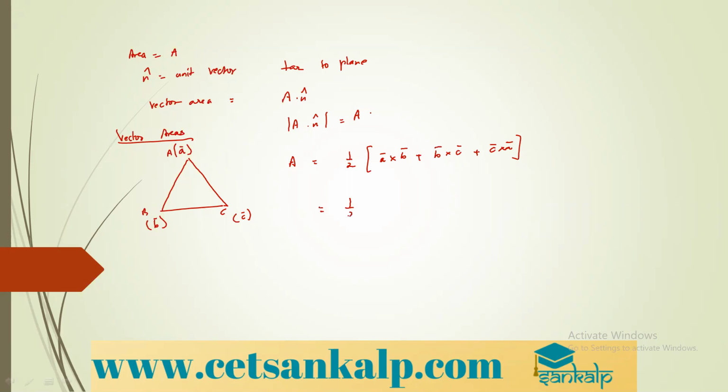Or I can write half into vector AB cross vector AC, or half into vector BC cross BA, or half into vector CA cross CB. Anything.